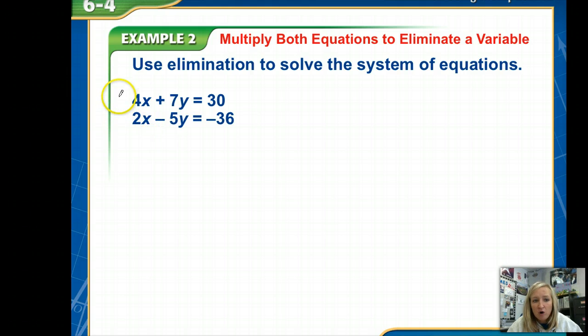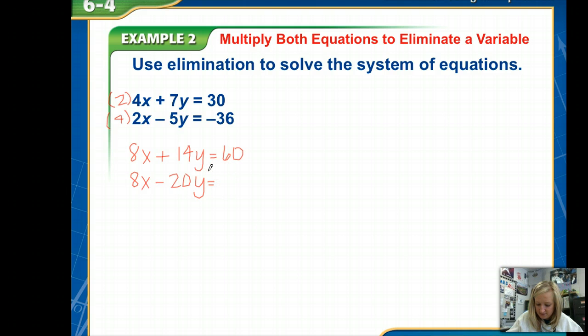I'm just going to use my 4 and my 2, so I'm going to multiply the whole top equation by 2 and the whole bottom equation by 4. So I get 8x plus 14y's equals 60, and I get 8x minus 20y's equals negative 36 times 4 is negative 144.